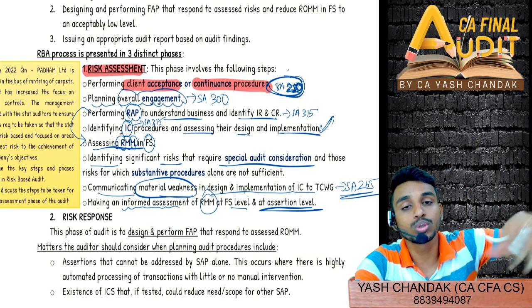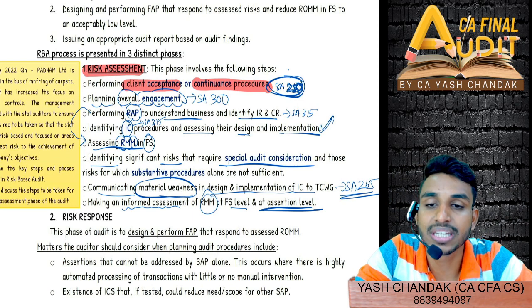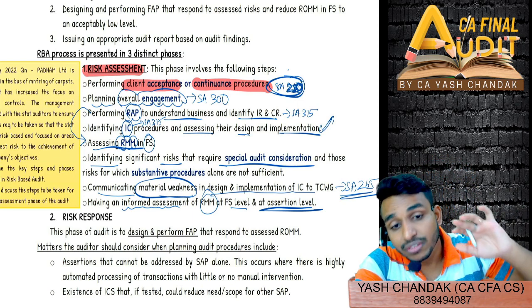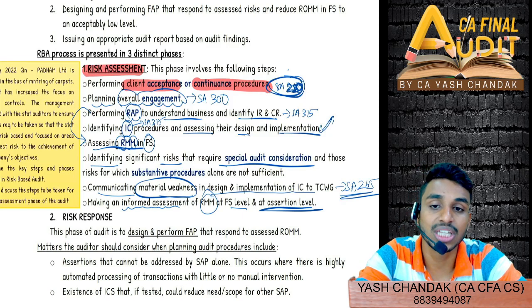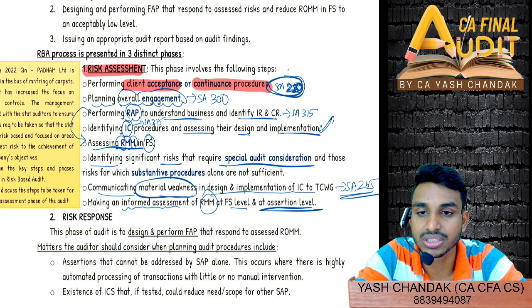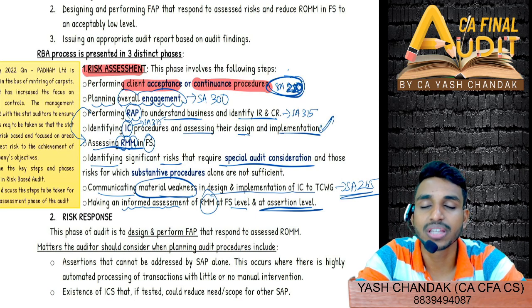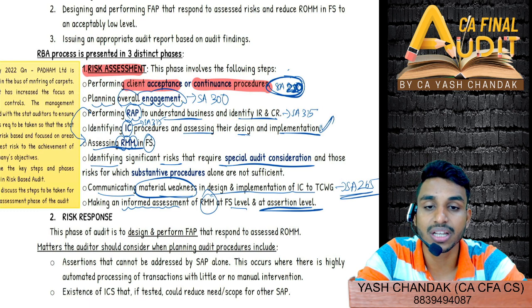Overall, I got to know the inherent risk as well as control risk, so I started assessing the risk of material misstatement. Thereby, I got to know that there are certain risks which require more than normal consideration, risks that require special audit consideration. Then you will find whether there is any material weakness, and according to SA 265, you will communicate those weaknesses in the internal controls. This is my risk assessment.